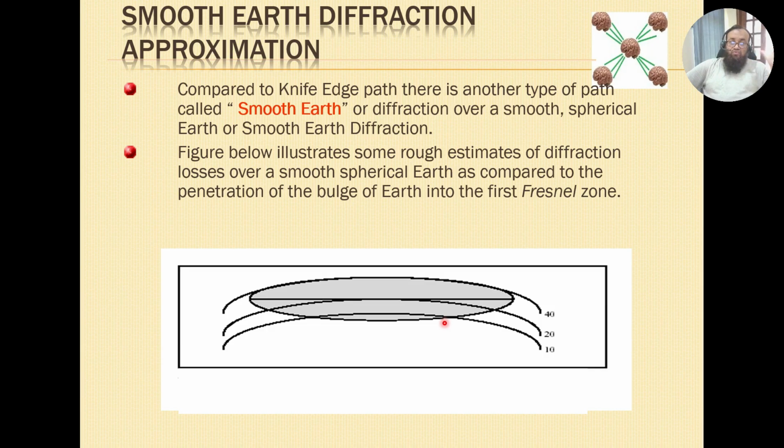If you correlate with a knife edge coming at a similar place, it may have only 1-2 dB diffraction loss, because a knife edge doesn't have a lot of area. But here, even if a very little part of the Fresnel zone is passing through, because the area of the earth is too much, it still gives you approximately 10 dB of loss.